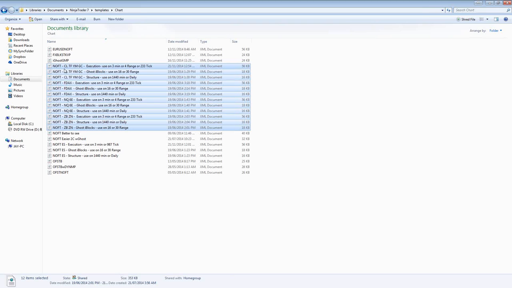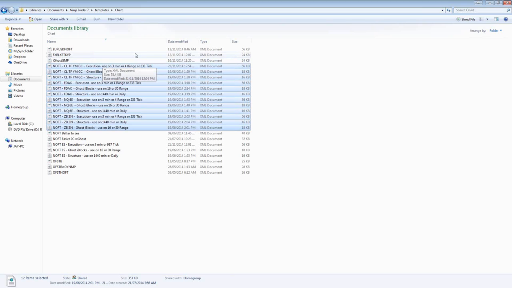Certain markets are similar in terms of the settings that you want for the volumes and delta. So we've got an execution template, an iBlock template, and a structure template for each set of markets. For the crude, the Russell, the Dow, the gold, all those settings can pretty much be left the same. You can tweak it a little bit based on what you're watching, in terms of time frames or tick charts or whatever.